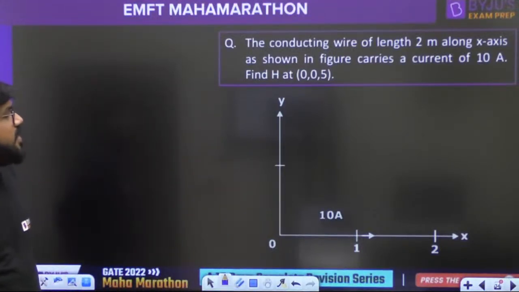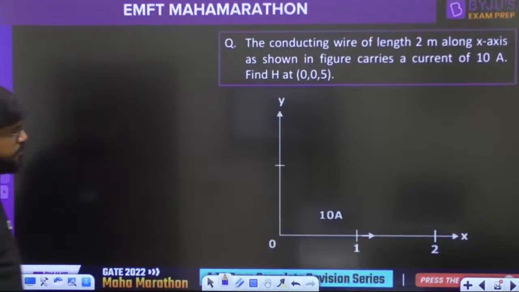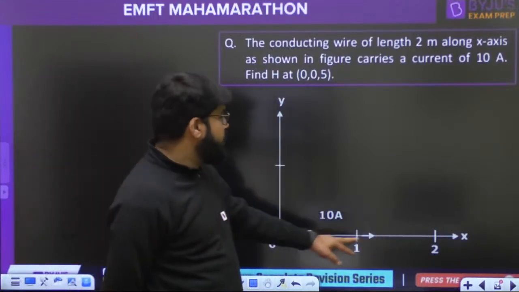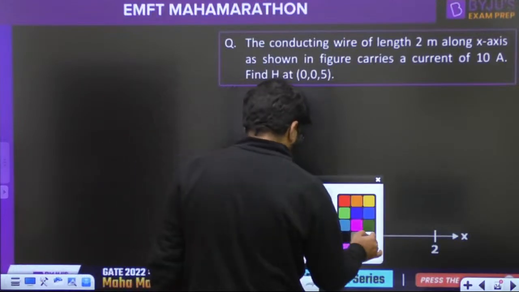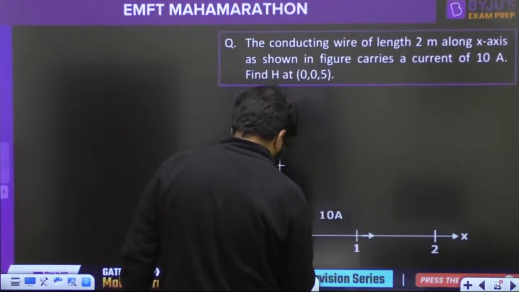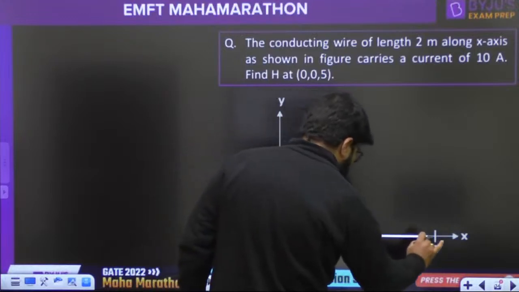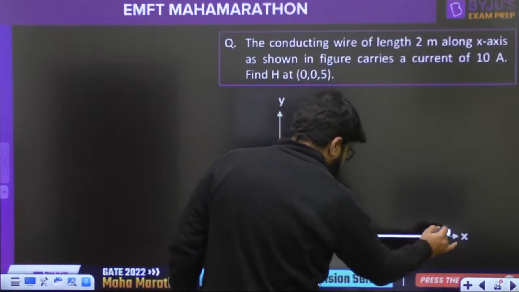Everybody come back here. The conducting wire of length 2 meter is placed along the x-axis as shown in the figure. इसको थोड़ा सा और highlight कर देते. Let's consider this diagram.